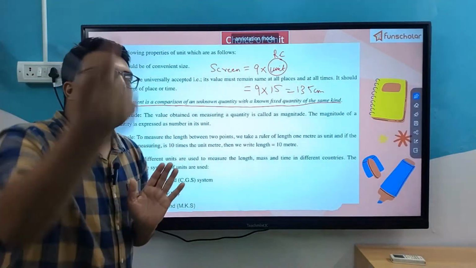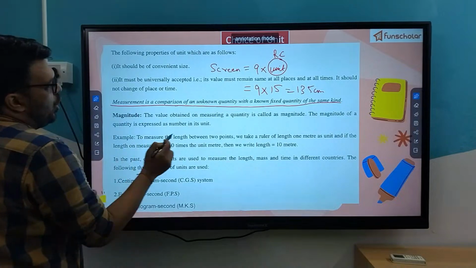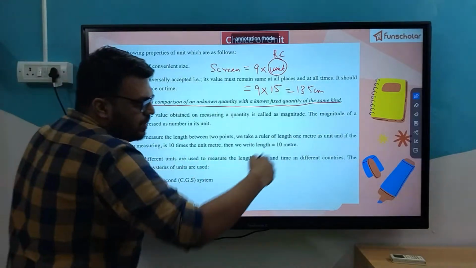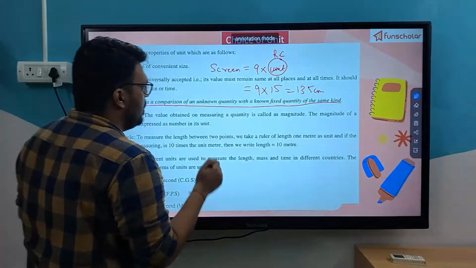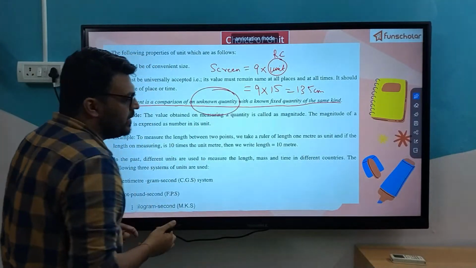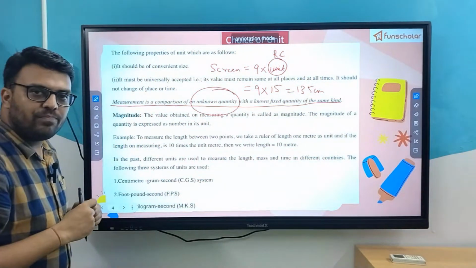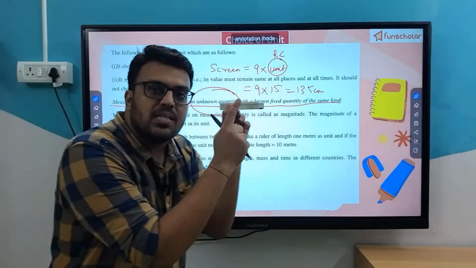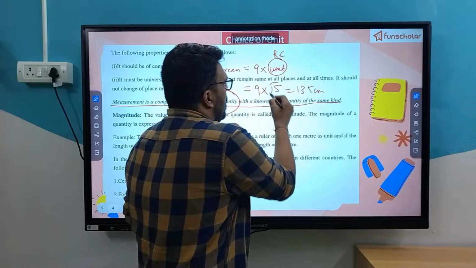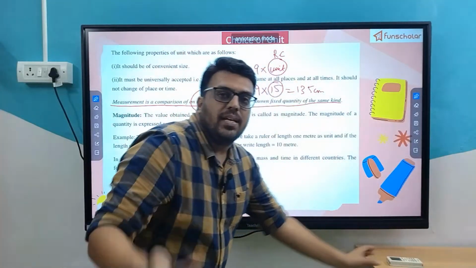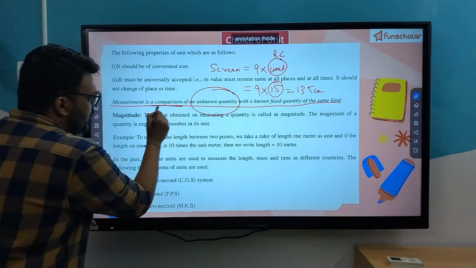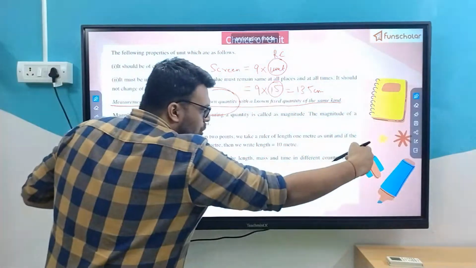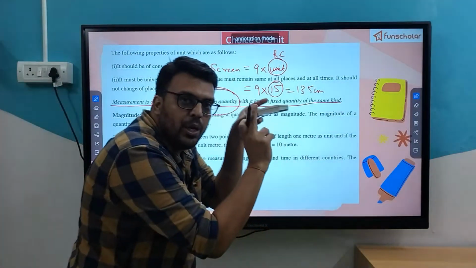Okay, now let's get back to the definition of measurement. What we did, we compared the length of the unknown quantity, which was the length of this panel, and we used a known quantity, this remote control, whose length I have taken as 15. So again, comparison of the unknown quantity using the known one.